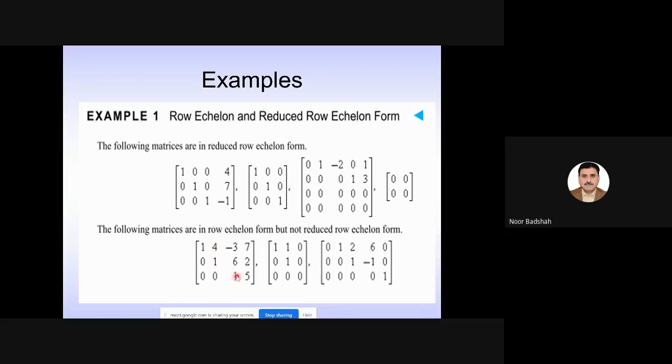Same, this one is a pivot, but these two are not 0. So this is in echelon form, but it is not in reduced echelon form. Same thing, this one as well, and this one as well. Right, so these matrices are in echelon form, these are in reduced echelon form.